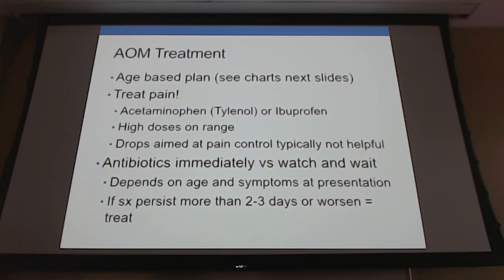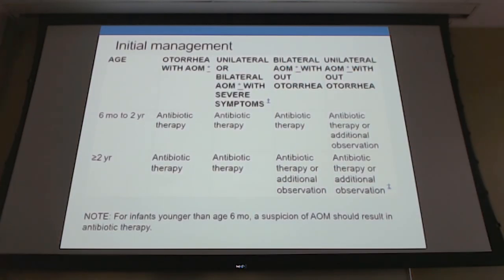Antibiotics, you can do a lot of different things with these. So we'll look at what do we do versus when do we watch and wait. How many percent of parents want to watch and wait? Yeah, like 1% of parents. It's not, but we will talk about that. Start with this one because you'll need to know this one. If you are less than 6 months and you think that this is an acute otitis media, you treat all of those ones.